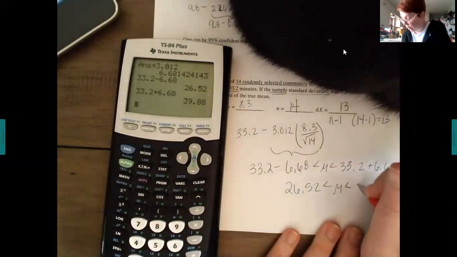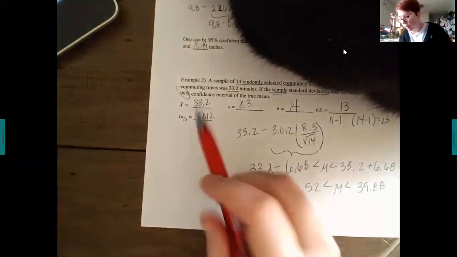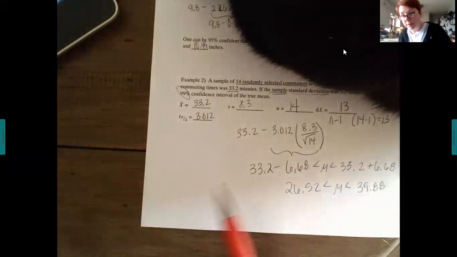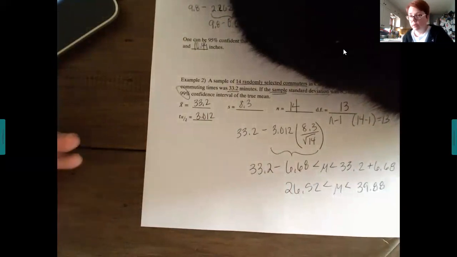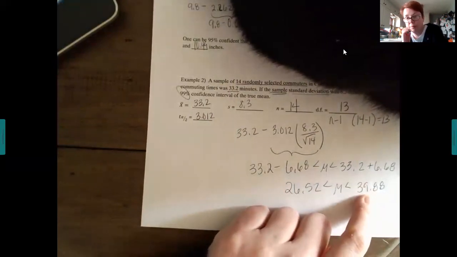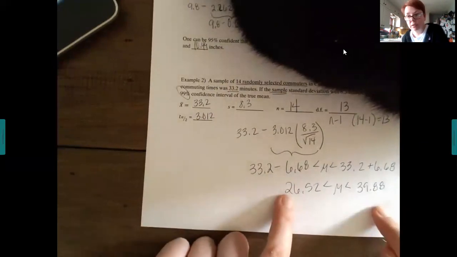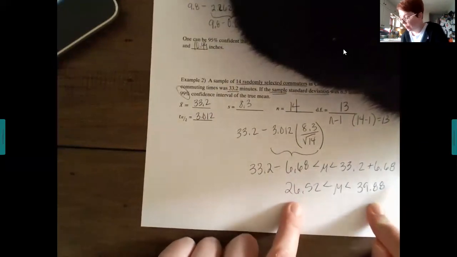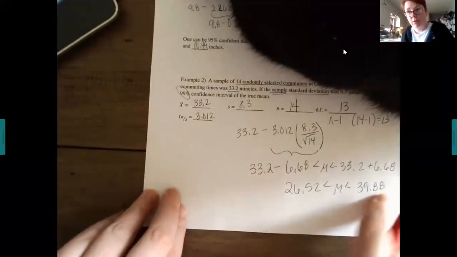And so here, based on our information, we can be 99% confident that the true average of commuting time for Chicago commuters is between 26.5 minutes and 39.88 minutes. So the average is somewhere in between these two times. Okay?